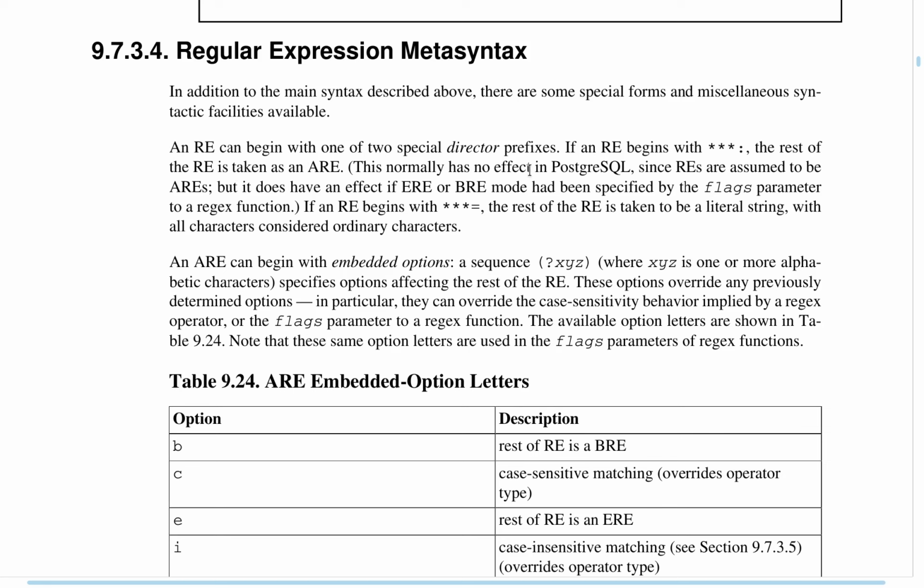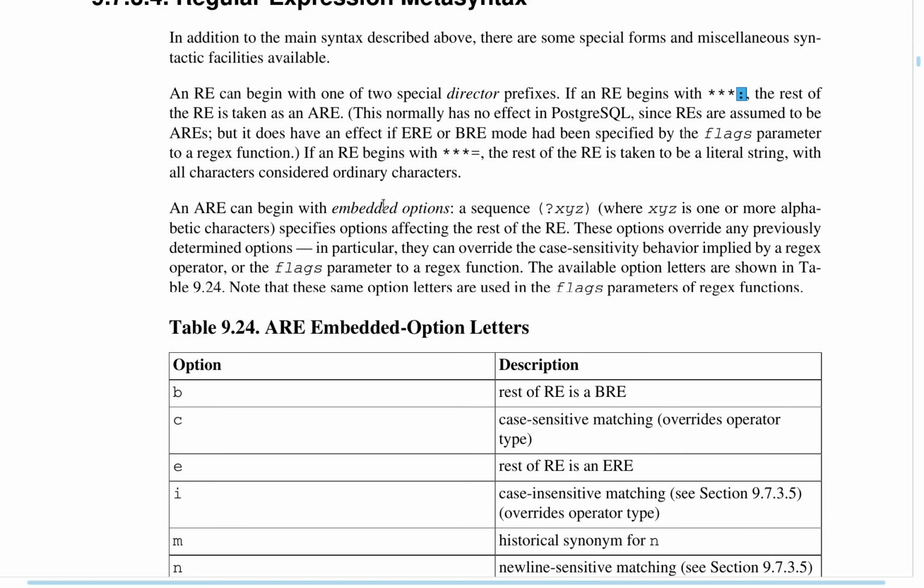This normally has no effect in PostgreSQL since REs are assumed to be AREs, but it does have an effect if ERE or BRE mode had been specified by the flags parameter to a regex function. If an RE begins with triple asterisk equals, the rest of the RE is taken to be a literal string, with all characters considered ordinary characters.